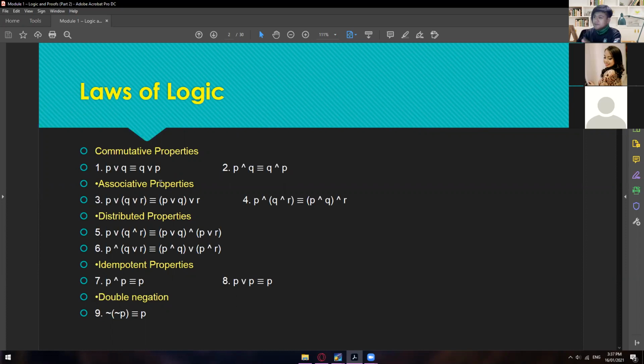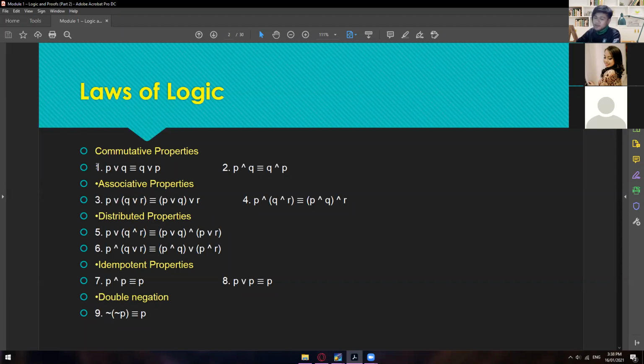But since right now it is online distance learning, I don't have the capacity to monitor whether you really memorized this or not. So this is like a free pass already. You don't need to memorize this anymore, but just go back and look at these formulas.